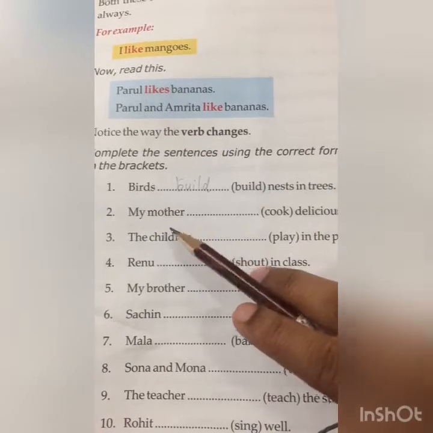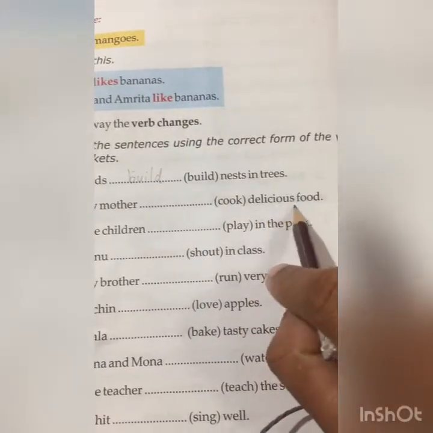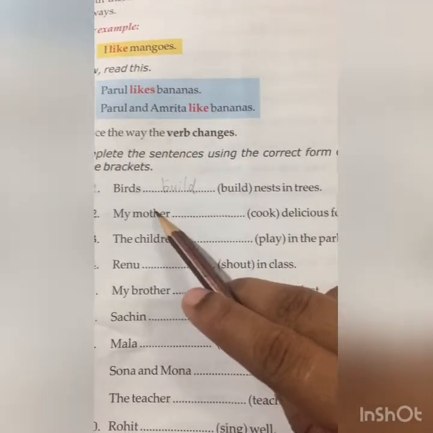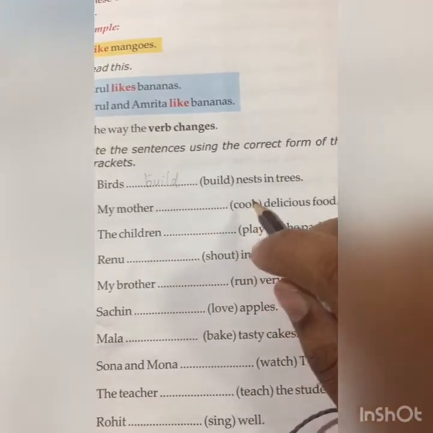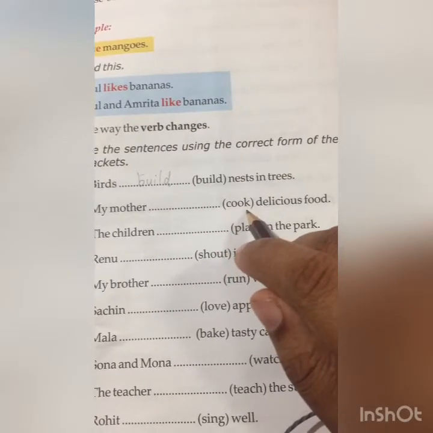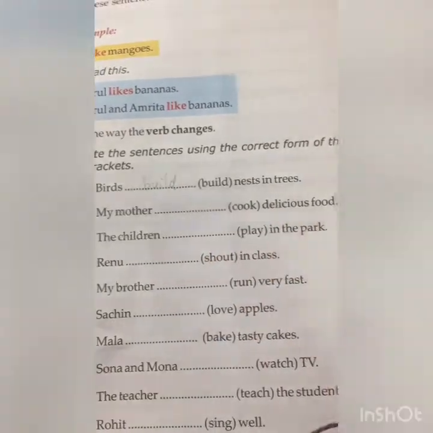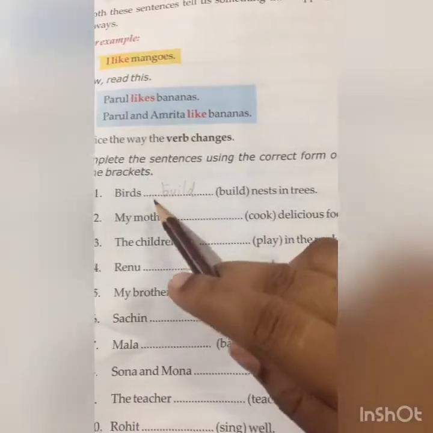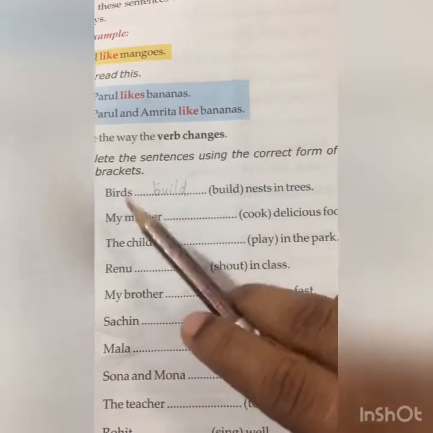Now let us see the second one. My mother dash delicious food. Here, mother is singular. The verb given in the bracket is cook. Now we have to complete the sentence with the correct form of the verb. Here mother is singular, only one person.